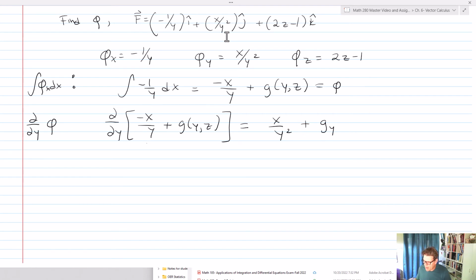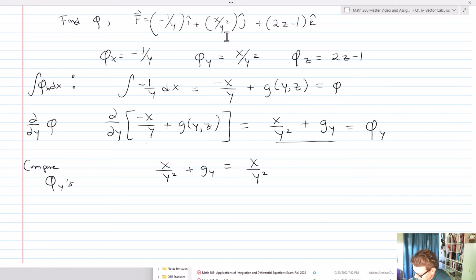Okay, so plus g of y. And then we're going to compare, and this, by the way, is going to end up equaling phi of y. We're going to compare our phi of y's. So we take x over y squared plus g of y equals x over y squared. So what we can see there is that g of y is going to equal 0.